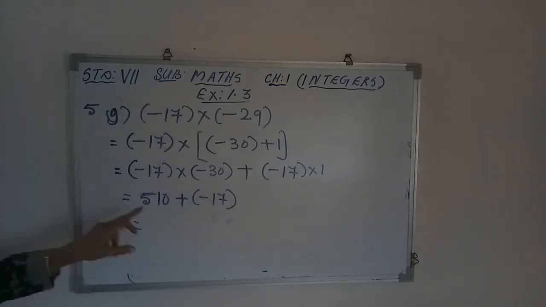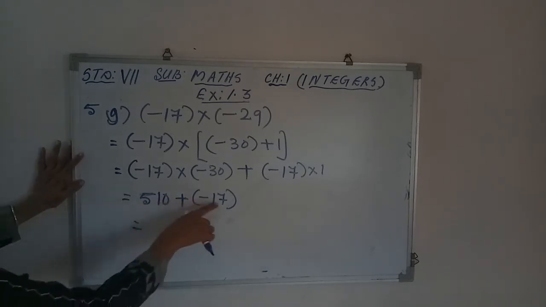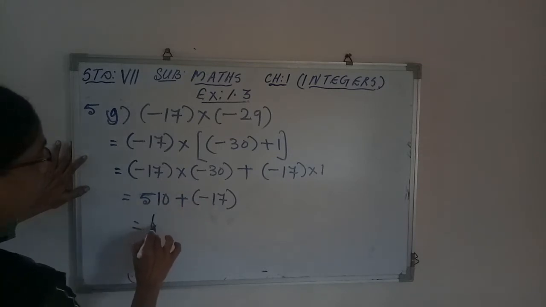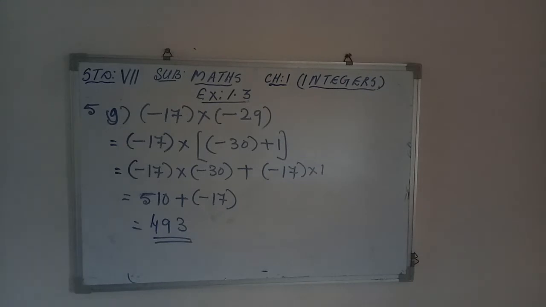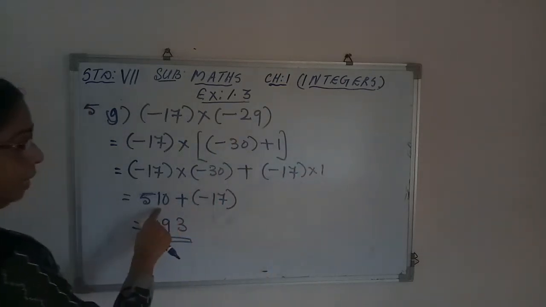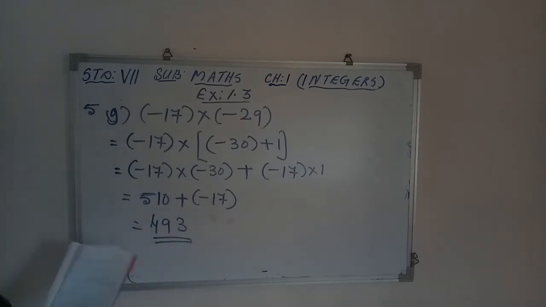The answer 510 minus 17. How to do? From 510, 17 you have to subtract. So 493. 493 is the answer. Is that clear? If you want, you can do the subtraction on working column. 510 minus 17. You will get 493.